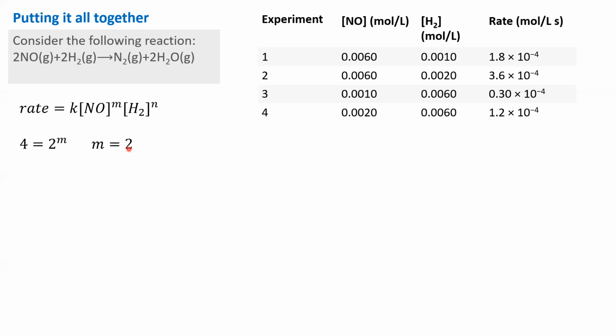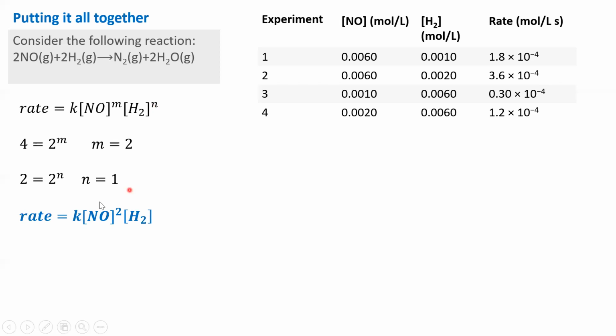Okay, do the same thing for hydrogen. We double the concentration, it doubles the rate. What does N equal? For the second one, N equals 1. We double the concentration, it doubles the rate. Hydrogen is first order. So we know what M is, we know what N is, we know our rate law.